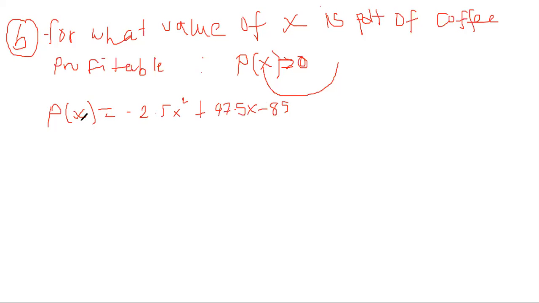So all we need to do, we replace this P of x with 0, like this. We want to know at what quantity of production the profit is 0. To do that, we will have our quadratic equation.